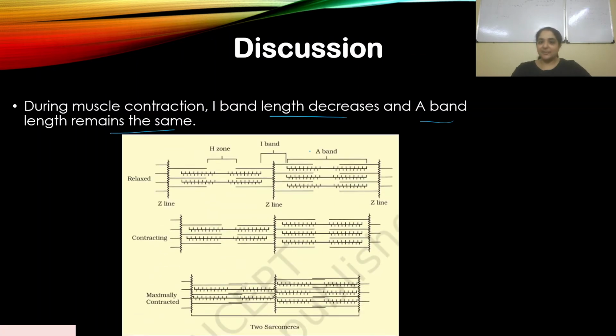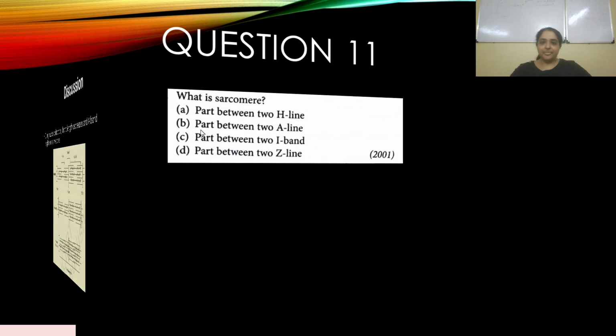Come back to the same diagram over here. You have the I band over here. What happens when maximum contraction happens? The space is almost negligible. But the A band remains the same even after maximum contraction. Clear? I guess this was very direct. I've already discussed this before. Move on to the next question.